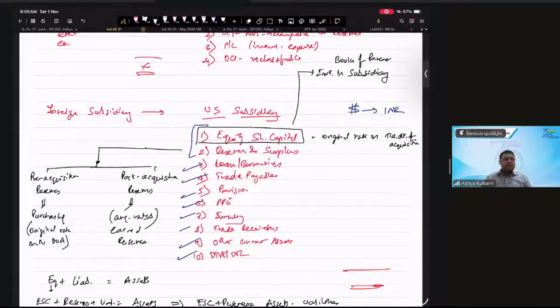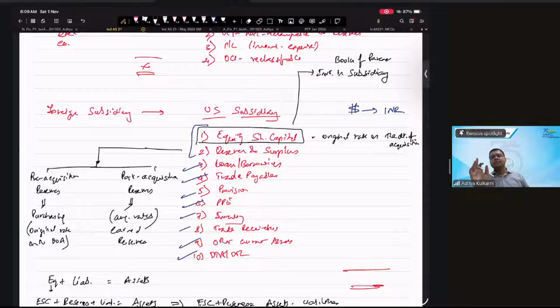If I do this conversion, will my trial balance directly tally, or will there be a difference in the foreign subsidiary trial balance which is converted into INR? There has to be a difference. If there is no difference, you have not followed the rule correctly.